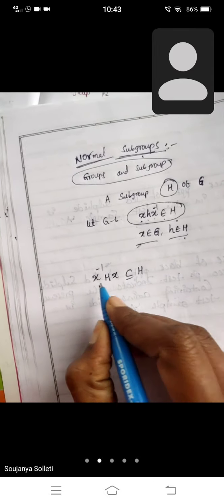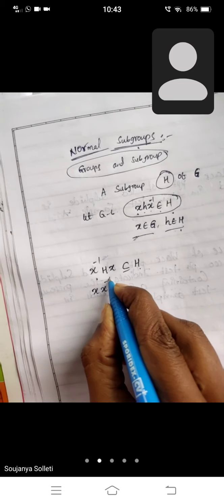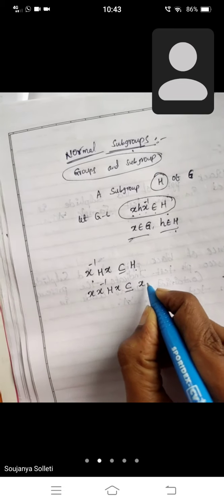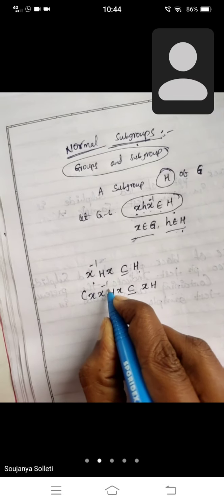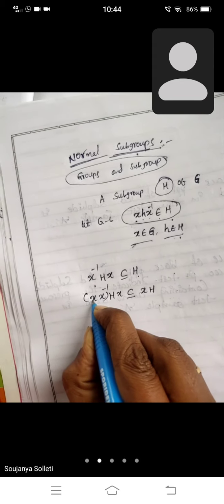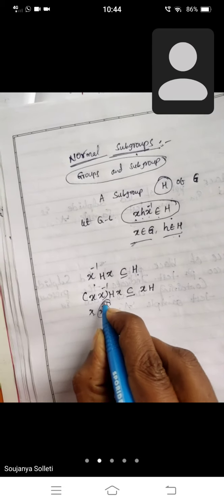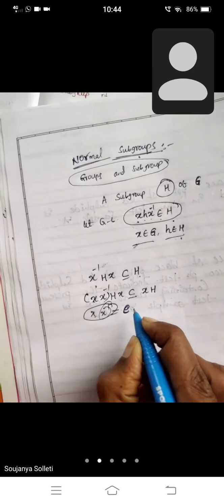Okay, so multiplying both sides with x, what will we get? x inverse H x, which is a subset of H, becomes x times H. Here x is an element and x inverse is the inverse element, and x x inverse is always denoted as the identity.